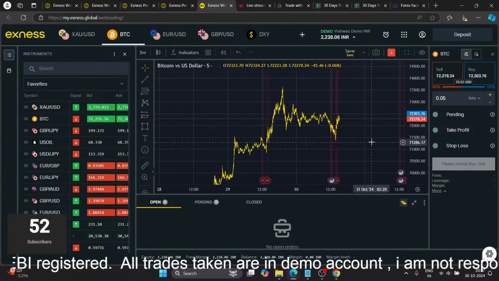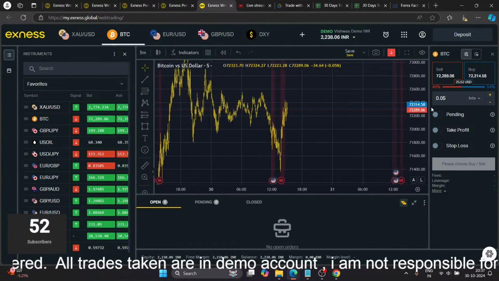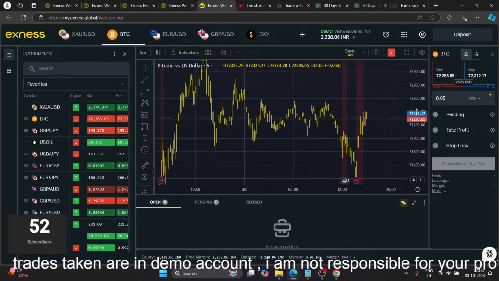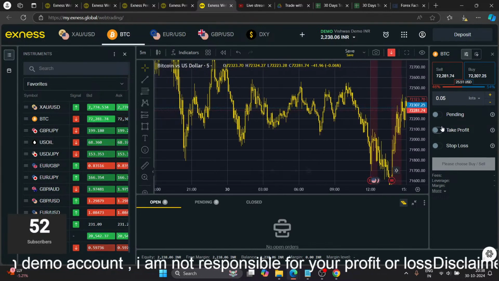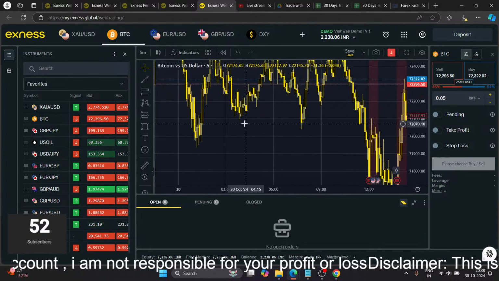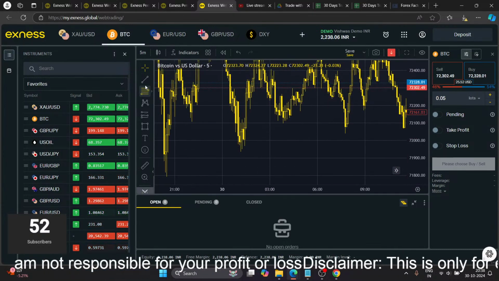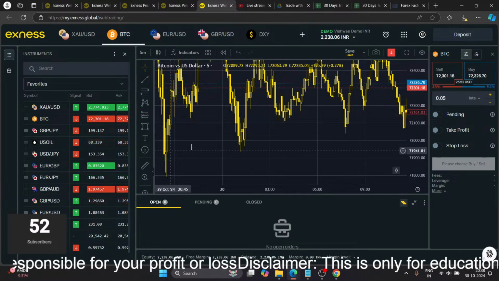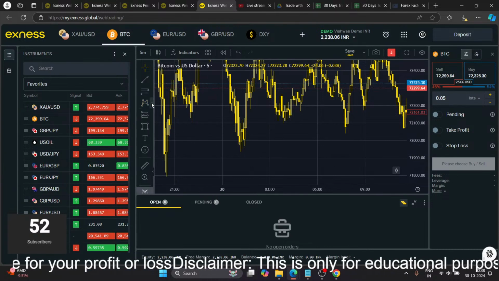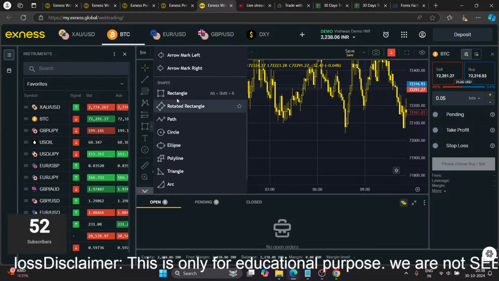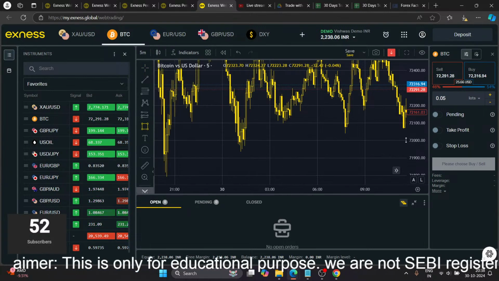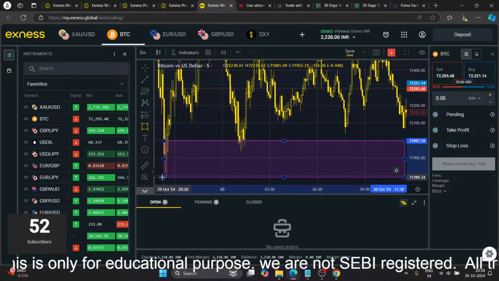In a smaller range, you can see this. Not exactly, but whenever the market has tried to hit 72,000, it is pulling back. So with these wicks, at this particular location we can mark a rectangle, somewhere here.